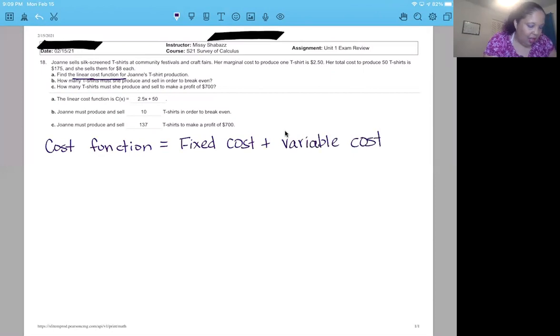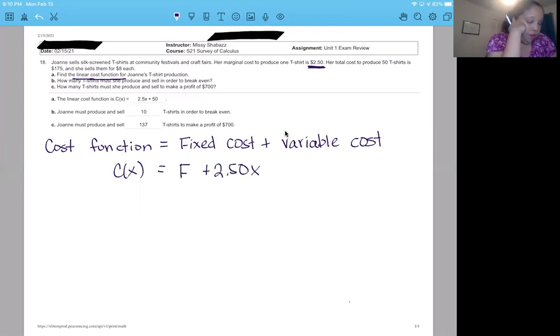Now, they tell us that the variable cost is $250 because they tell us the marginal cost is $250, which is how much it costs for one additional. And since it's a linear function, it's going to consistently be $250. So it's going to be 250x.